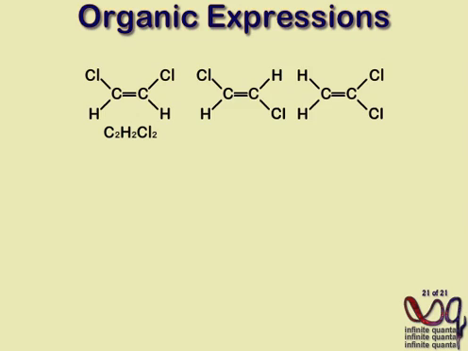This double bond doesn't twist, so there's no way for this chlorine to rotate down to this position. So these chlorines are stuck being on the same side of the double bond. If I draw lines for the double bond, those chlorines are on the same side. That's called cis. Cis means same side in German, I think.